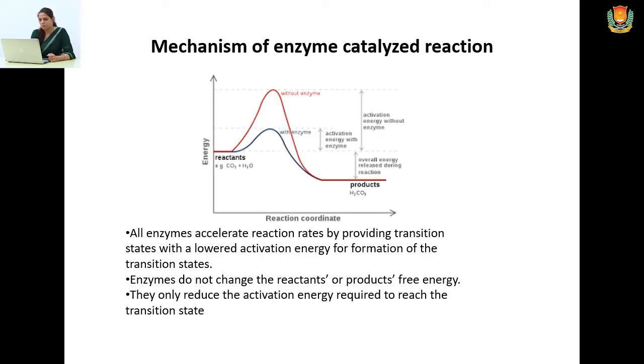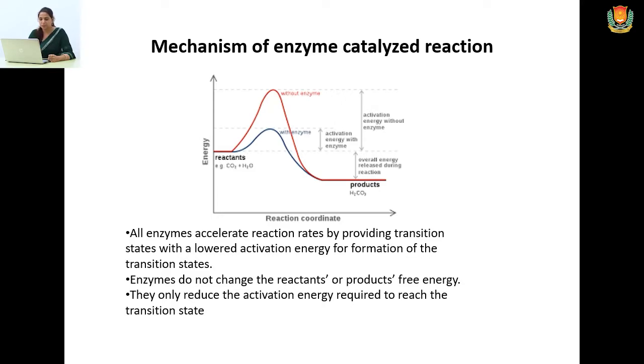If I talk about the mechanism of the enzyme, enzymes do not change the equilibrium of any kind of reaction. What they do is decrease the activation energy, or the energy barrier, present between the substrate and the products.